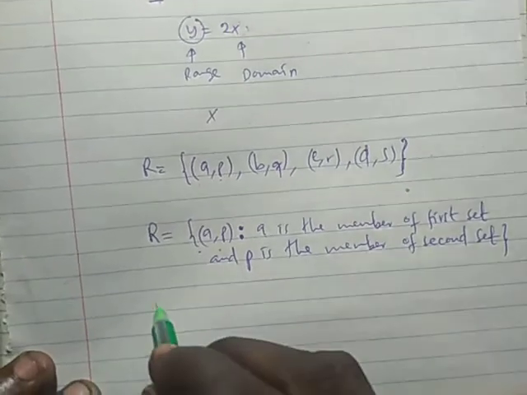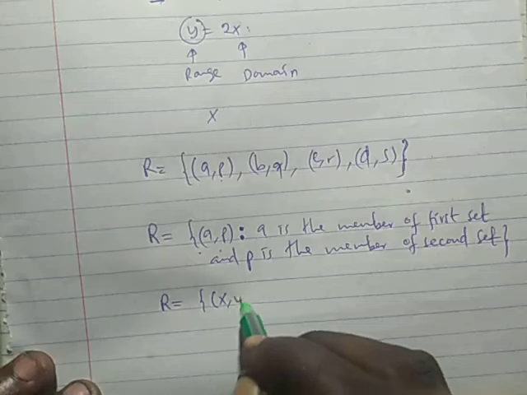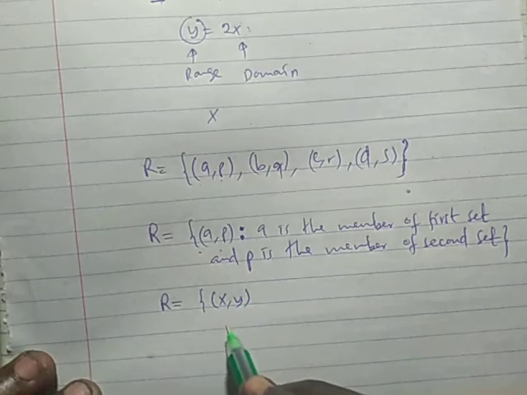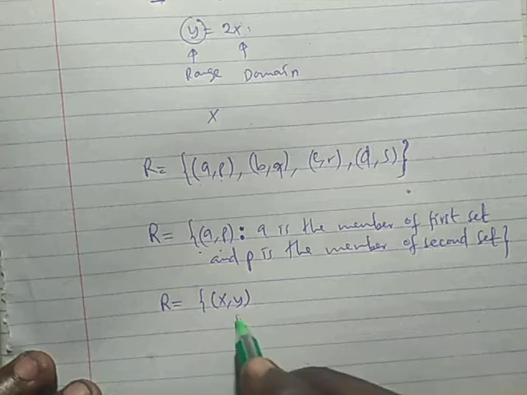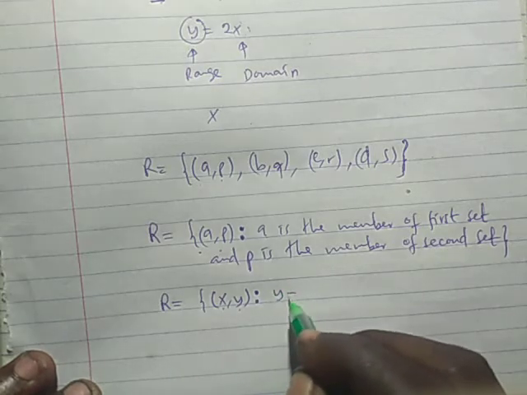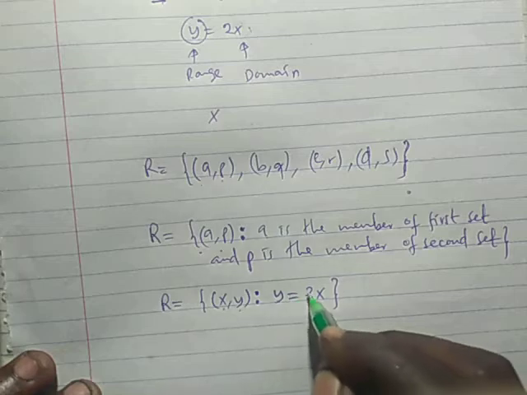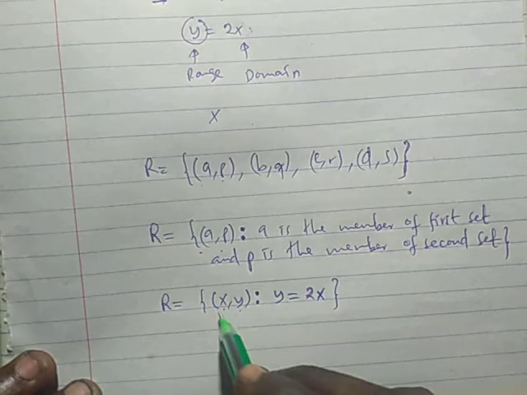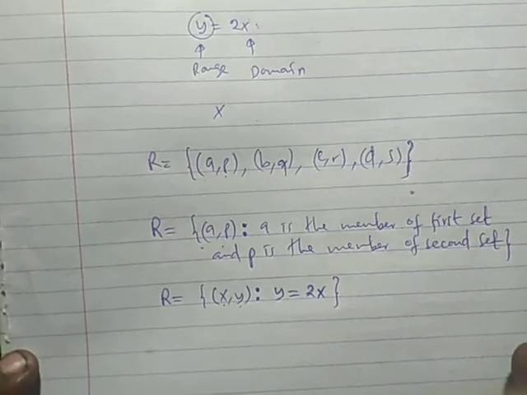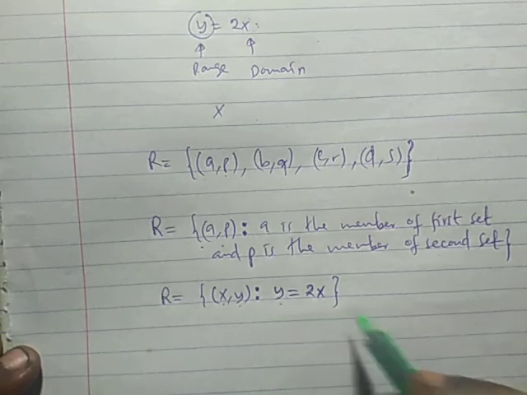Kwa kwenye hesabu always utakuta tumeandika relation R is equal to set of ordered pairs X, Y. Manake X is the member of first set, Y is the member of second set. First set, second set. Then utakuta tumeandika such that Y is equal to 2X. Yani relation ni kati ya members X na Y, lakini X is the member of first set, Y is the member of second set, whereby Y is equal to 2X.